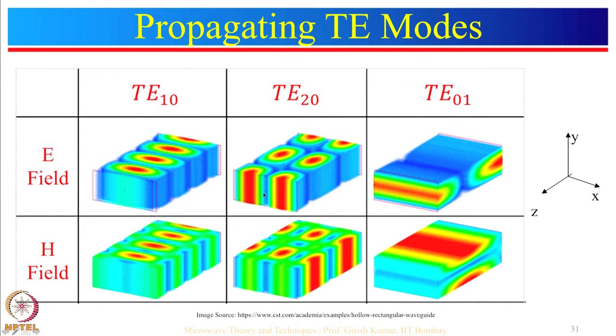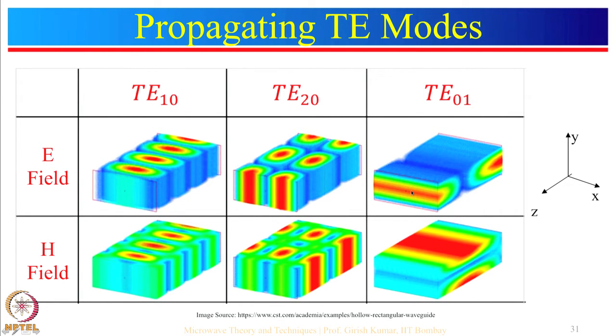Similarly for this, in the x direction there are two half sinusoidal variations of the field, and in the y direction there is no variation of the field. So this is TE20 mode. Similarly for this, in the x direction there is no variation of the field, and in the y direction there is one half sinusoidal variation of the field.